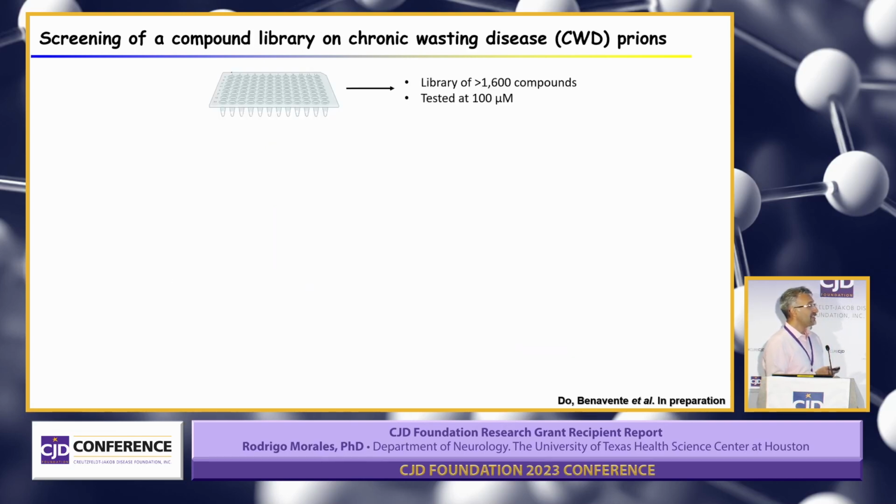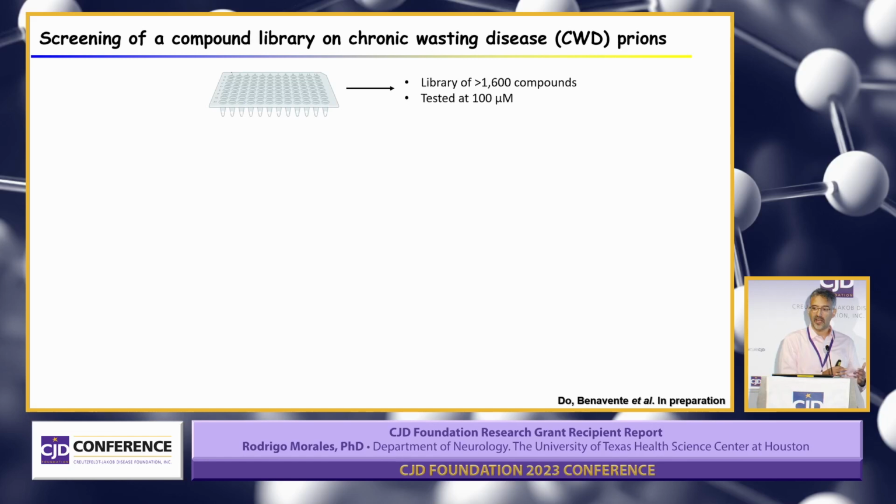Considering that, now we jump to a larger study. We are testing now a mid-size compound library, well, still small, 1,600 compounds, tested at a single concentration, 100 micromolar. We want to do that for different human prion strains and different deer prion strains. Why deer? Because this is a very relevant disease.